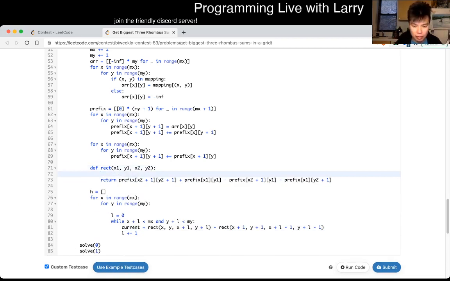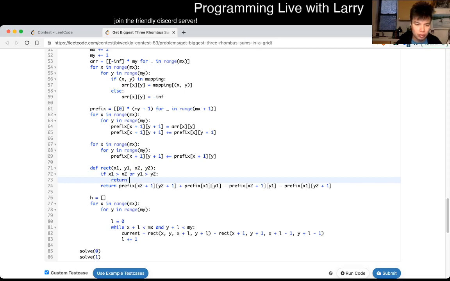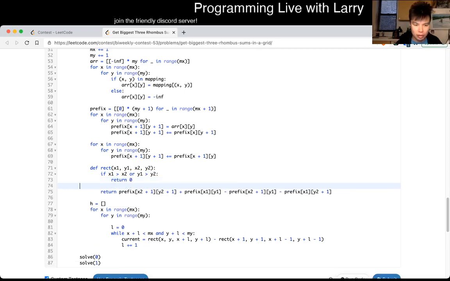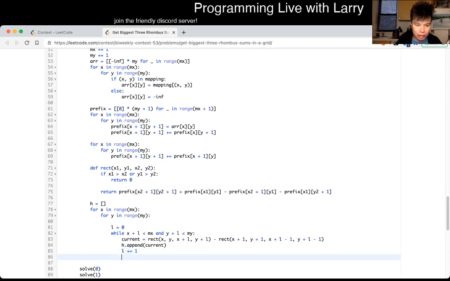Okay. Okay. Let's just print it out. I mean, I know that.